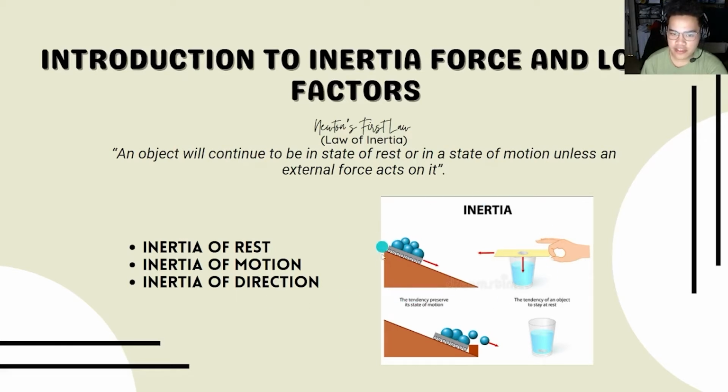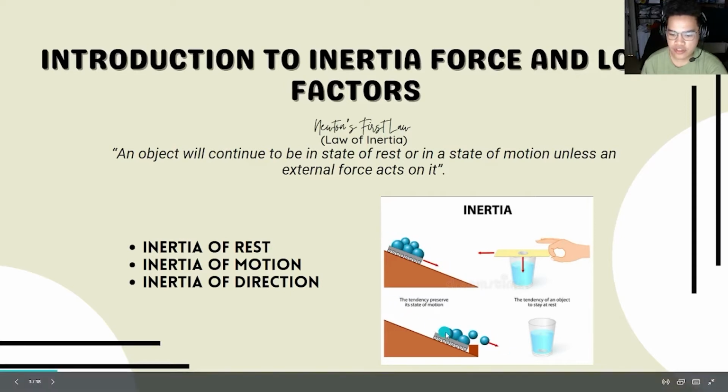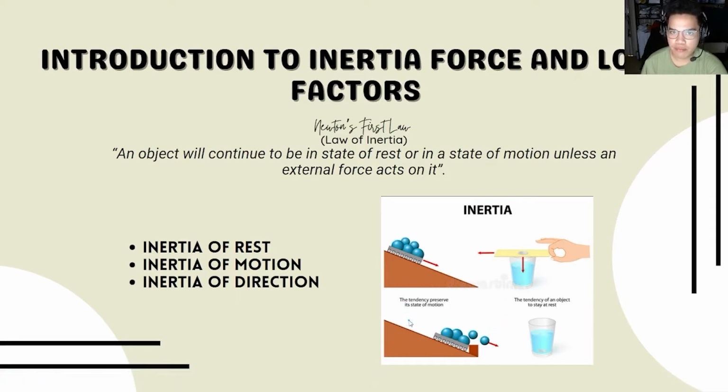As you can see in this one, it is heading in the same direction, going downwards until there was this block that stopped it. So it is like in the inertia of direction, where an object will stay moving in the same direction unless a force acts on it.